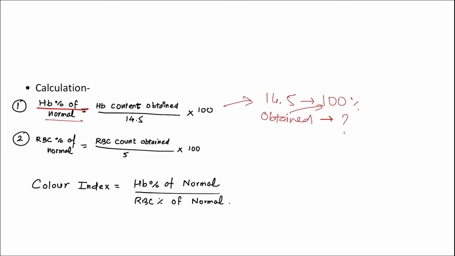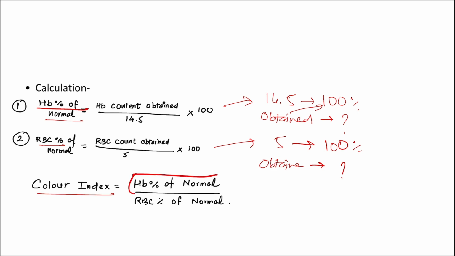Same as for RBC, if 5 millions are 100%, then the obtained is how much? Multiplying obtained by 100 and dividing by 5, we get our RBC percentage. And for color index, we just divide the hemoglobin percentage of normal by the RBC percentage of normal.